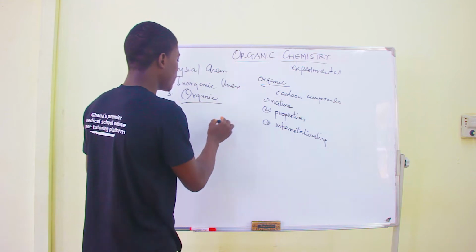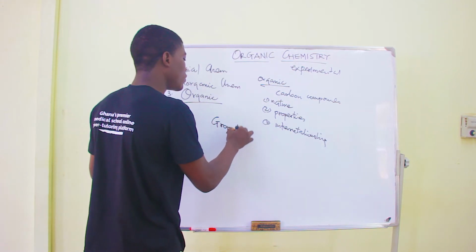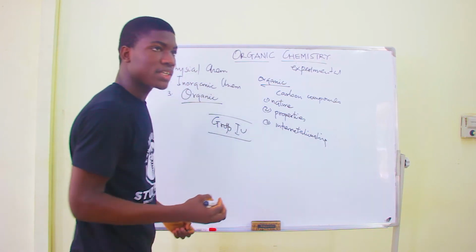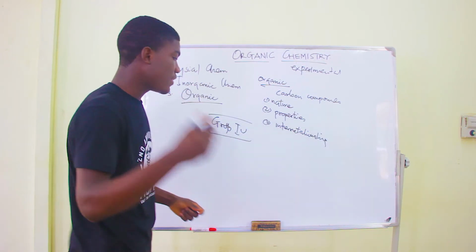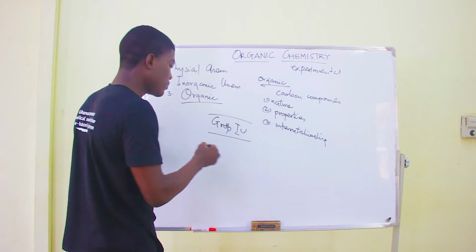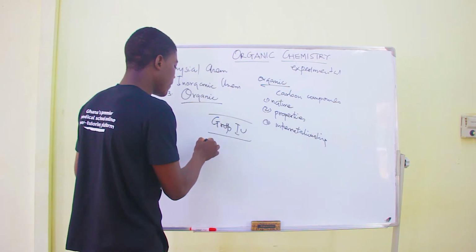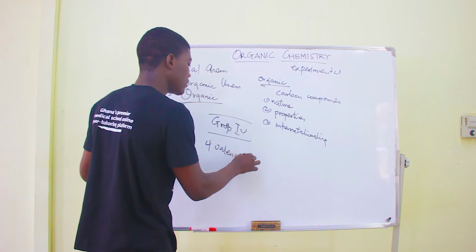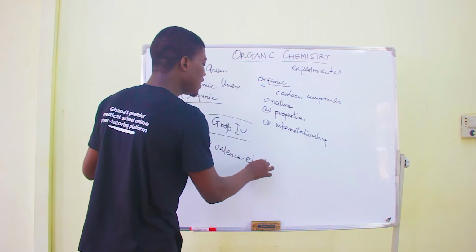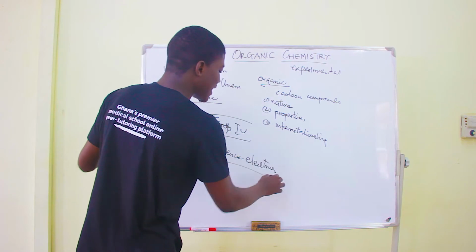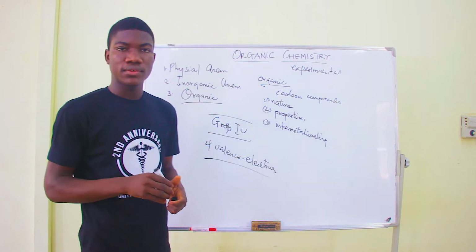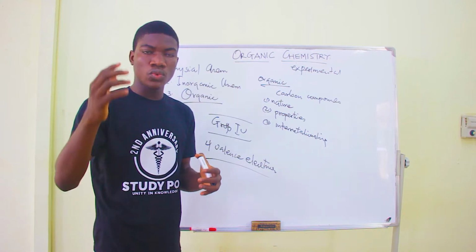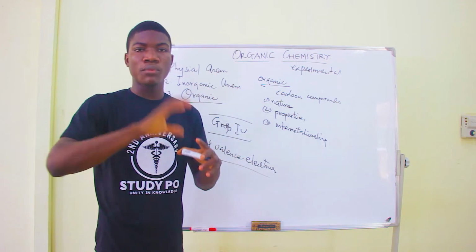carbon forms part of the group 4 elements. And you know group 4 elements have 4 electrons on their valence or outermost shell. So anytime they have 4 valence electrons, they can't donate and they can't accept 4 electrons to complete their octet.